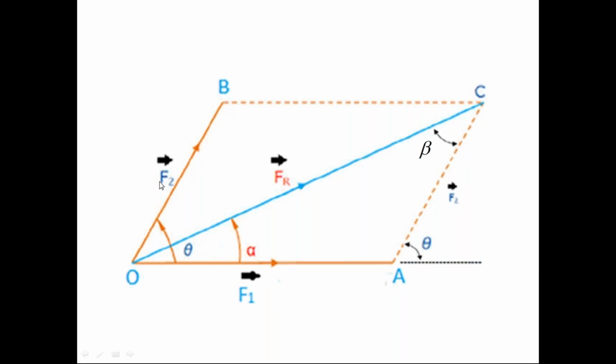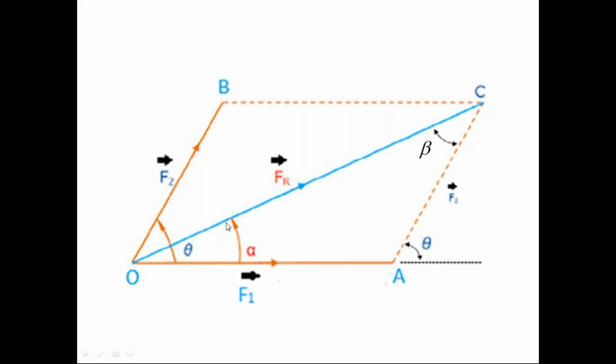OB is the force F2, so this length AC is the force F2. The length OC is the resultant force Fr. So in the triangle OAC, OA is equal to F1, AC is equal to F2, OC is equal to Fr.